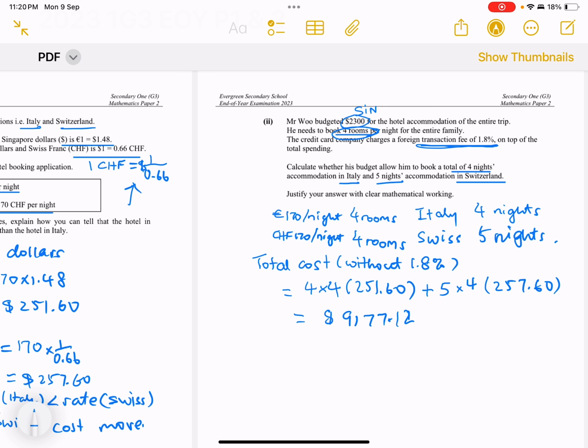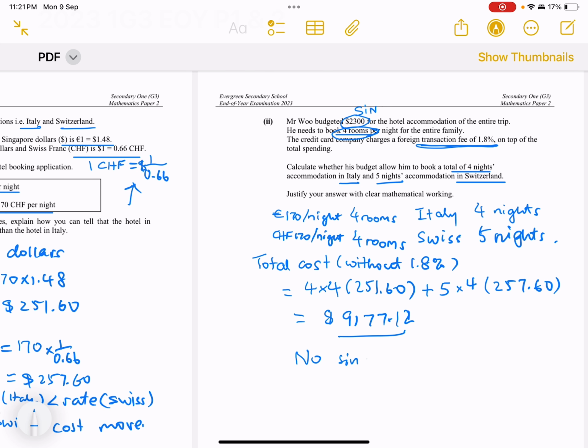Right, so now you see that he has exceeded the budget of 2,300, right? So the answer is no, he cannot be spending 4 nights in Italy and 5 nights in Switzerland.